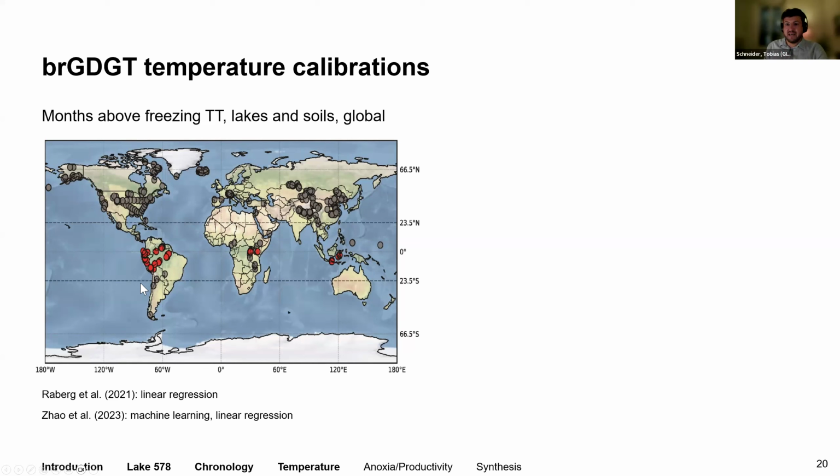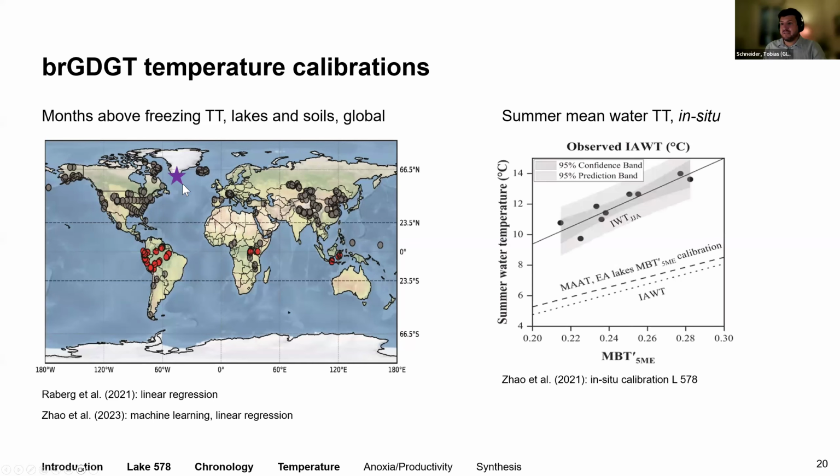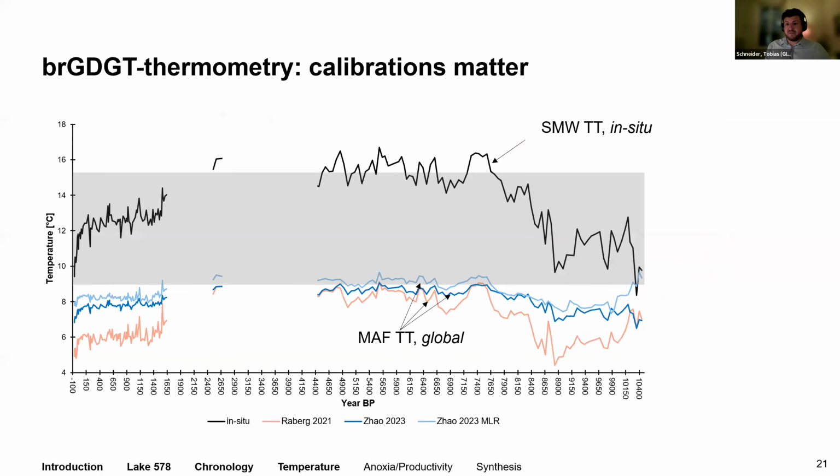So there's really still a lack of data, and it's more centered around the mid latitudes and probably the equator. And on the other hand, the very first in situ lake calibration, established by Boyang in Lake 578. And these are the two calibrations that we use. And that's what we see here.